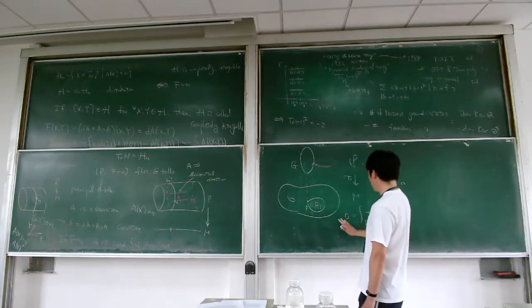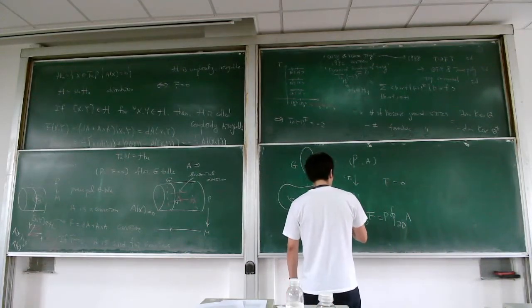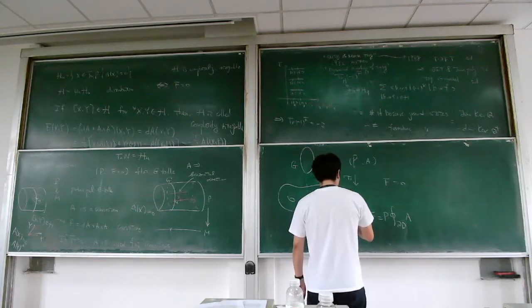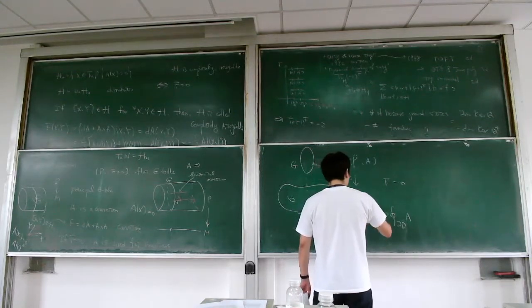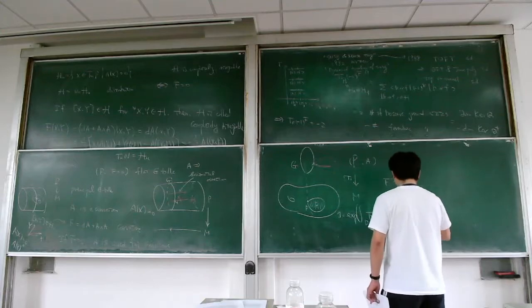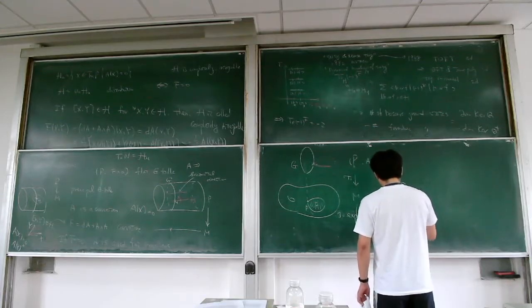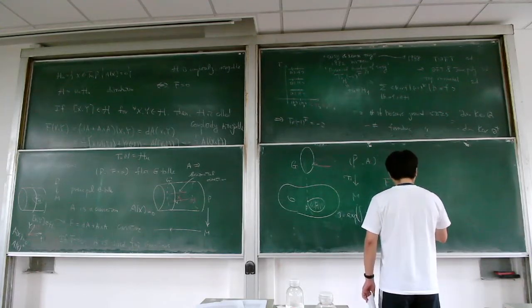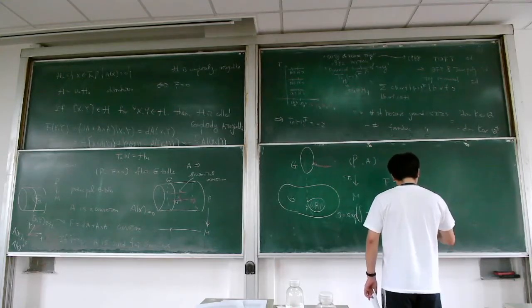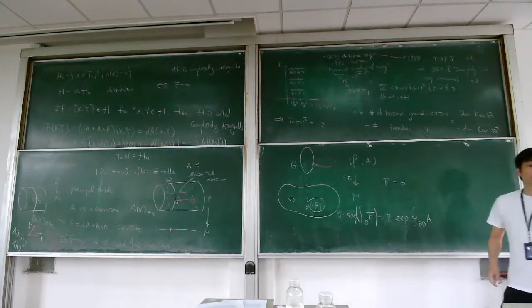I think I should put the exponential; that's more visible. The exponential of this is indeed a path ordered exponential. Can you see this?